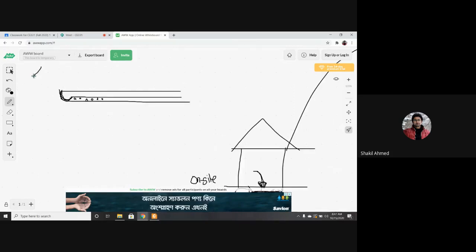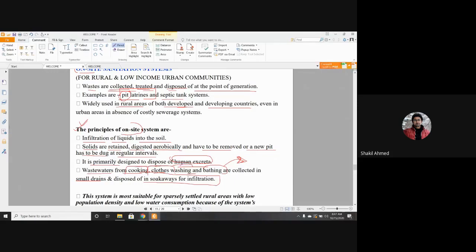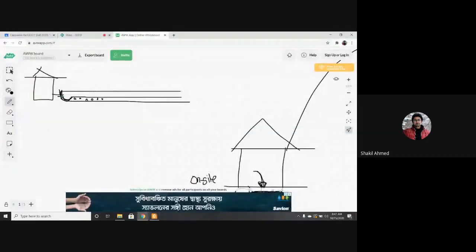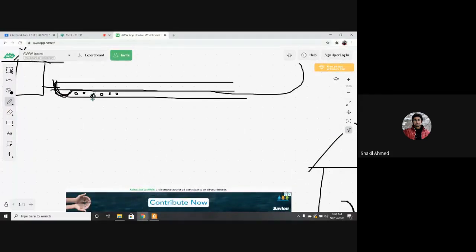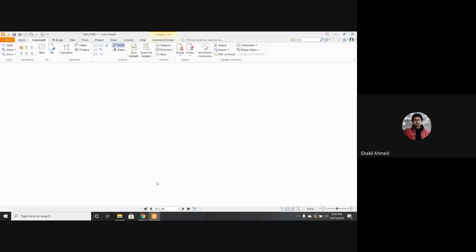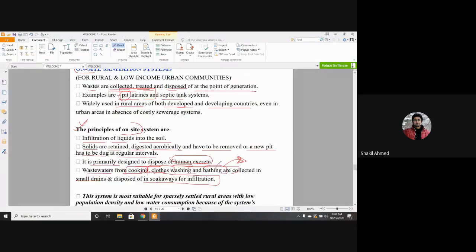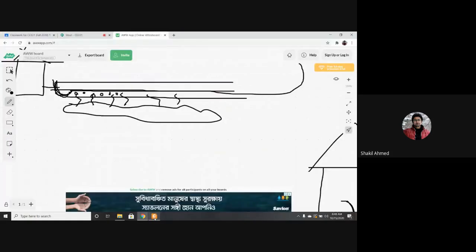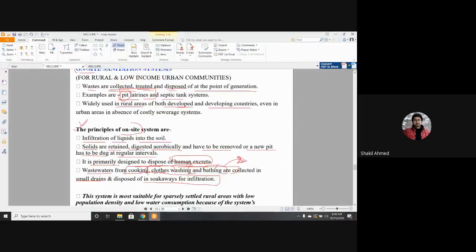So what happens when the wastewater from these sources, cooking, clothes washing, comes here, it is transported through the soil, and since there are pores, the water gets infiltrated and is digested in the soil. This is for the less polluted water coming from cooking, clothes washing, and bathing. So this is called a soakaway, a soakaway for infiltration.